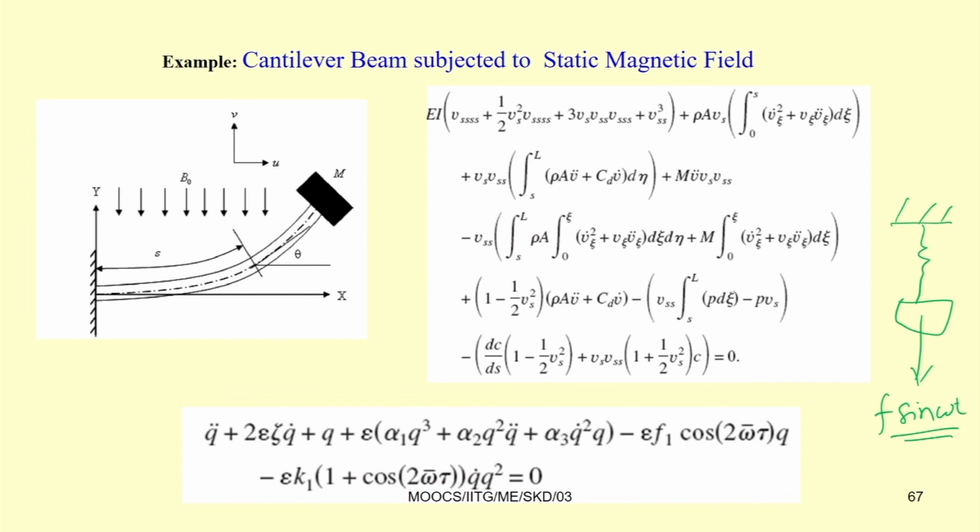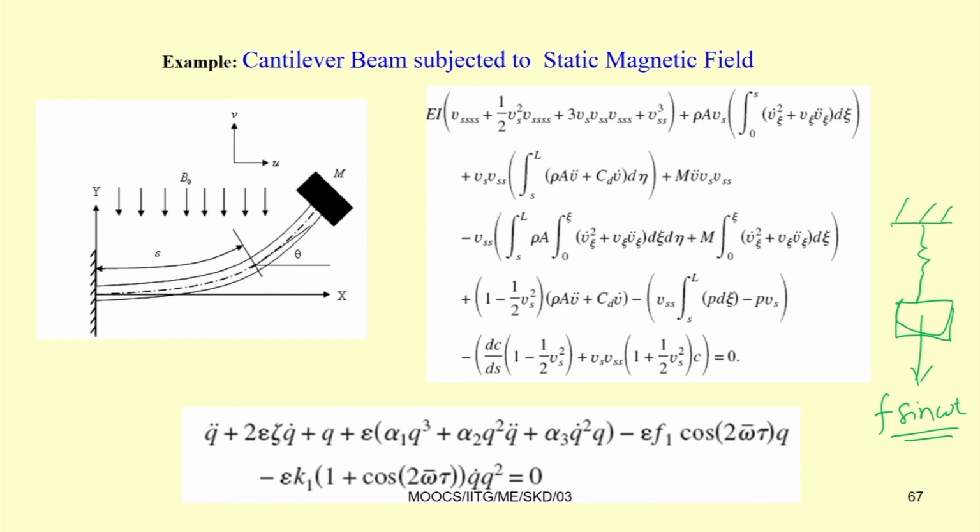That is a contact type of force, in contact with the body, but if we apply a magnetic field, it can be a non-contact type of force. Due to this magnetic field, the beam will be subjected to forcing and moment and then you can write down the equation of motion.